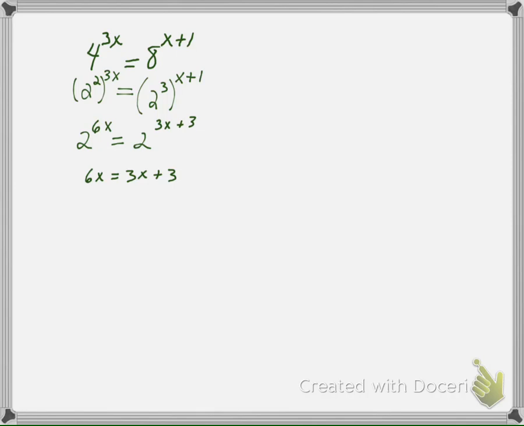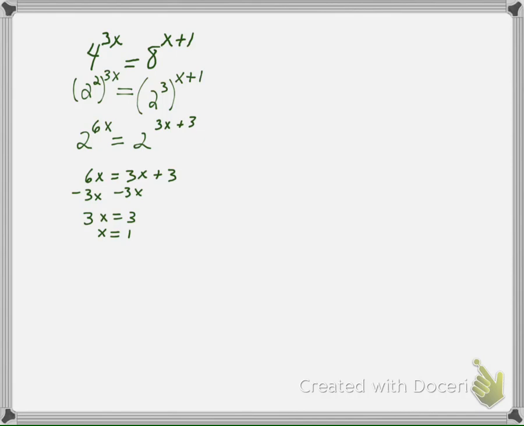If the bases are the same and the two sides are equal to each other, then the exponents would have to be the same as well. And now it becomes a very simple problem to solve, right? So now we just get our x's together and then solve, and we have a solution.